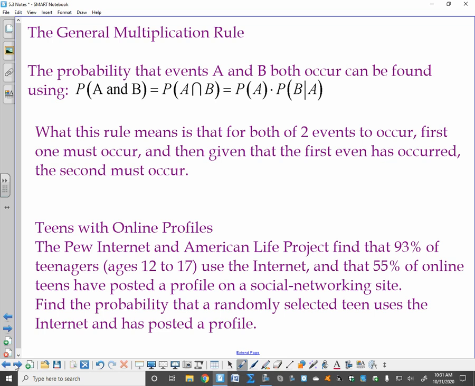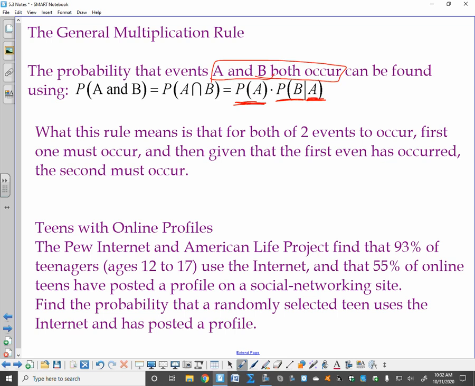What this rule means is that for both of two events to occur, first, one has to occur. Then, given that the first one has occurred, the second one has to occur. Okay, so here we go. Here's my first event. Okay, so that one's going to occur. Now, for A and B to both happen, it's the probability that the first one happens times the probability that the second one happens, given that the first one has happened.